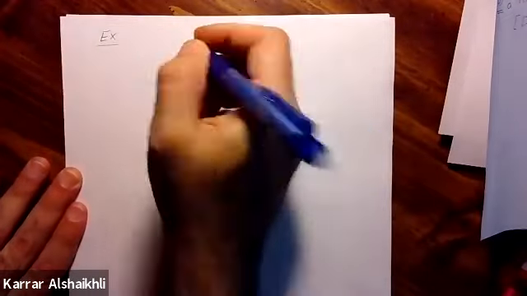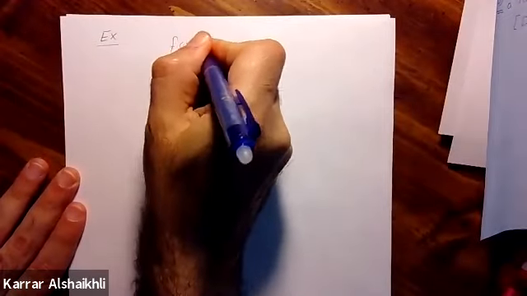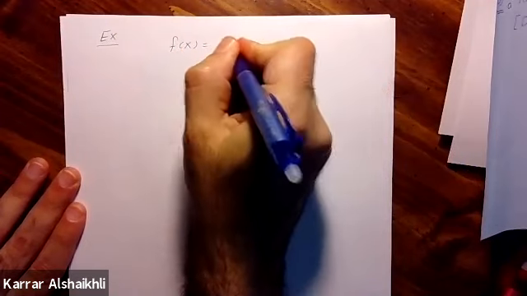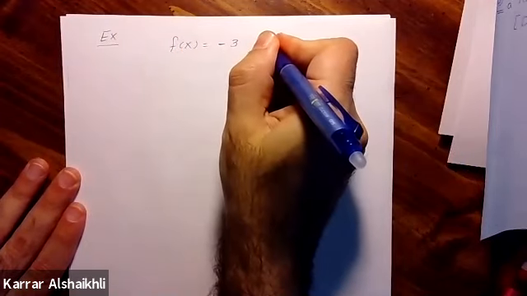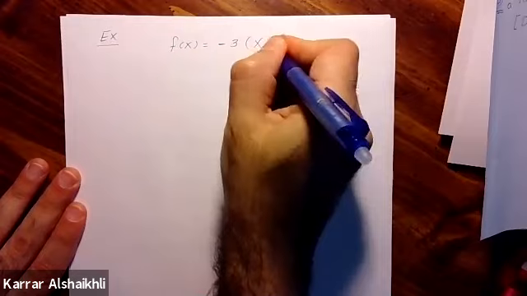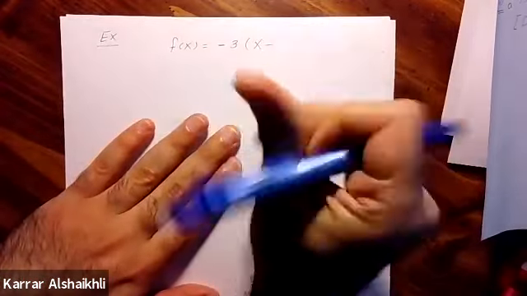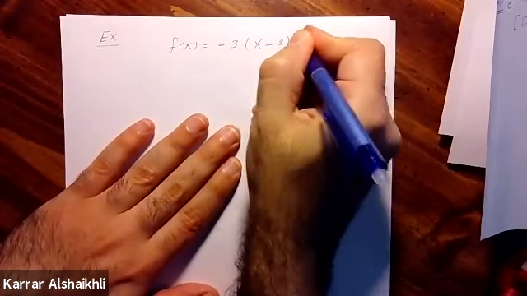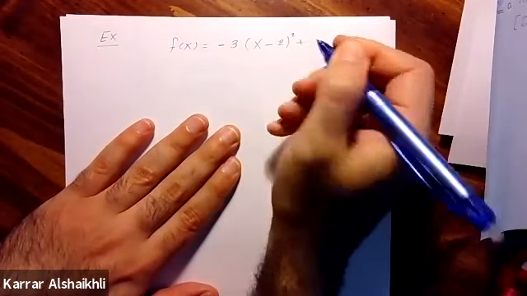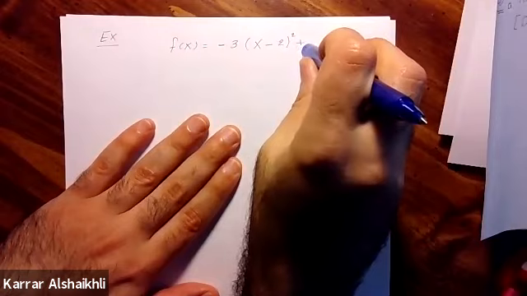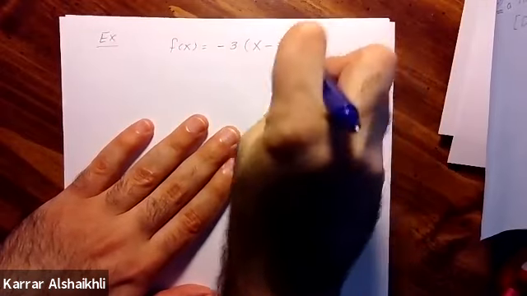If we have f of x equal -3 times (x minus 2) squared plus 2, that's it.